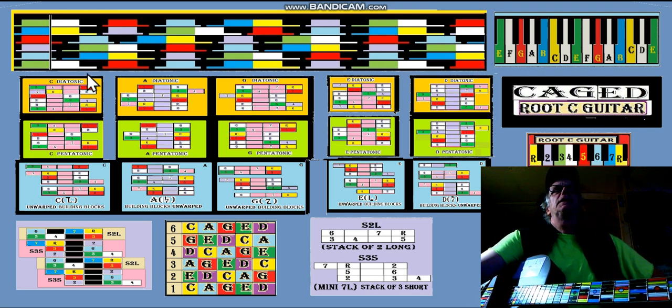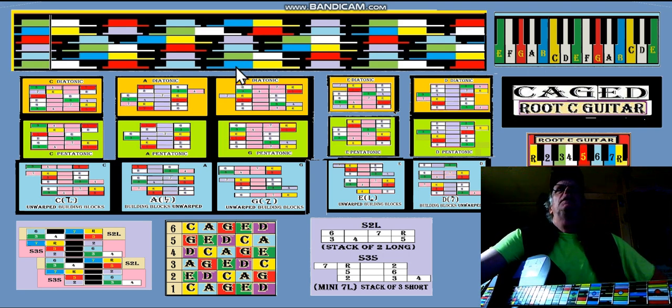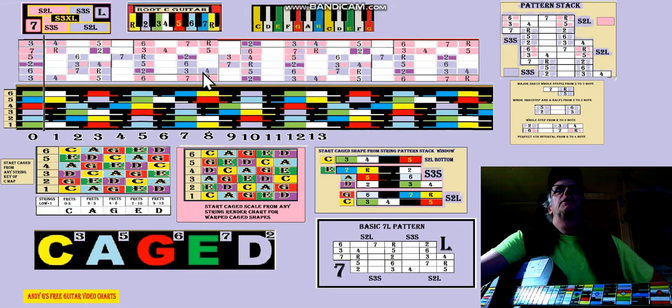C goes from 3 to 5 here, and then A goes from 5 to 6, and then G starts at 6 to root. So there's overlap: 6 overlapping with 6, 5 overlapping with 5. That's in the horizontal direction. Just wanted to show you that from that chart.